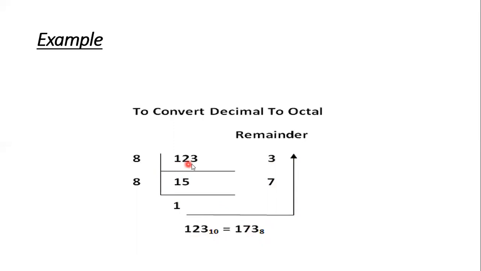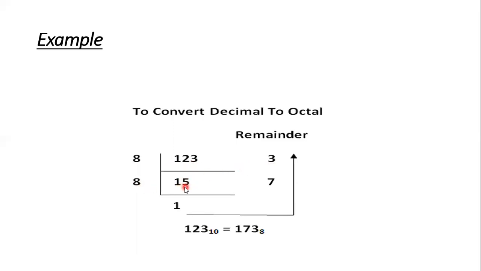So this is the decimal number. Then we divide the decimal number by the octal base, 8. So in 12, one time. So remaining 4. So 43. 5 8s are 40. Therefore remainder 3. That remainder put here.